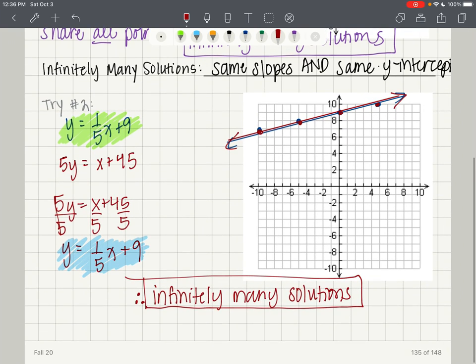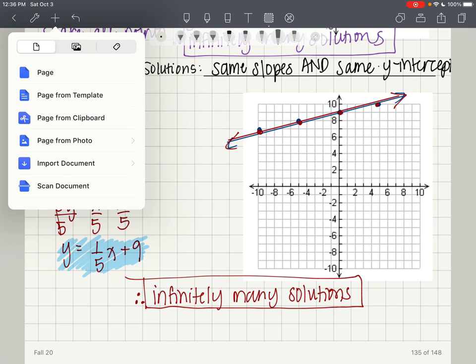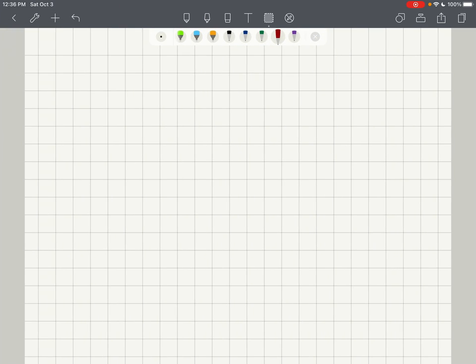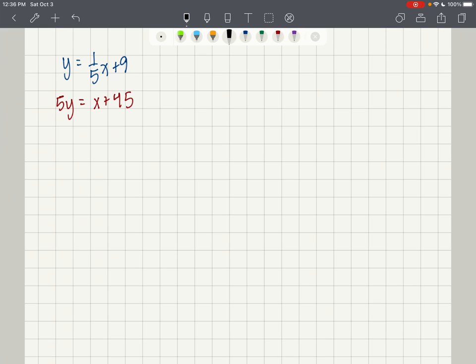So when we have infinitely many solutions, I'm going to take this and copy these two to another page so that I can show you. It's not too terribly difficult, but when you have infinitely many solutions, here's our original problem. We've determined we have infinitely many solutions.